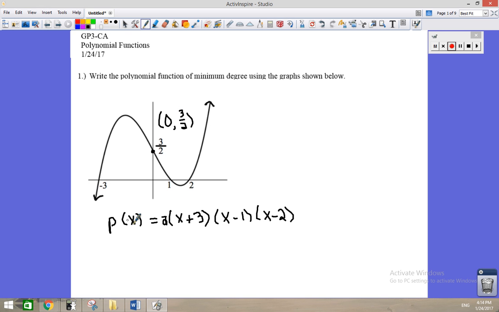So when x is 0, I know this product should equal 3/2. So I've got one equation, one unknown. I can solve for that.